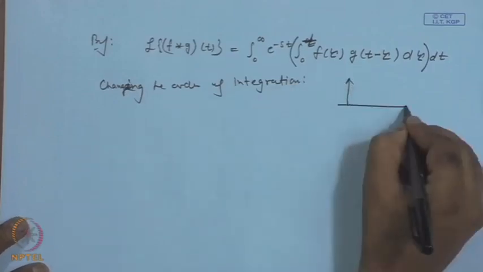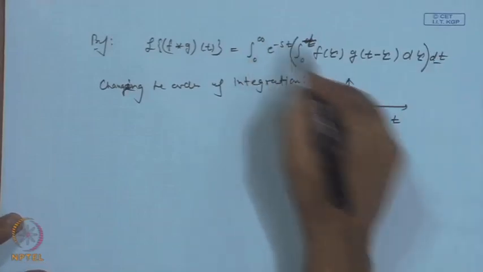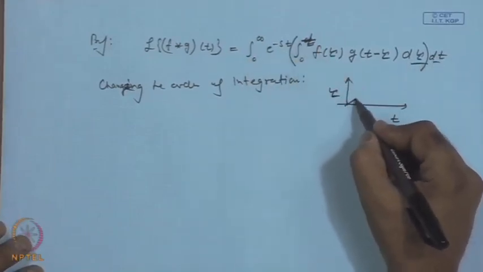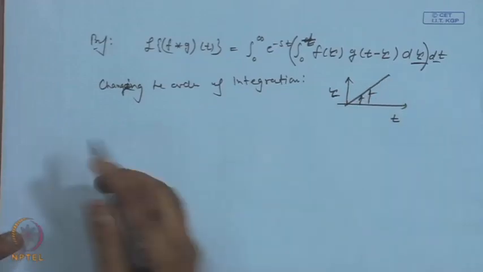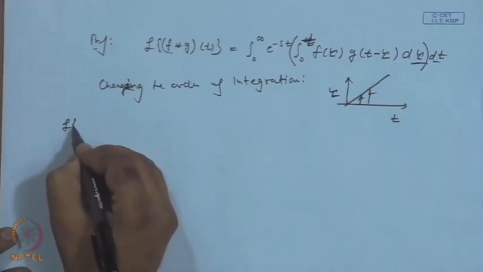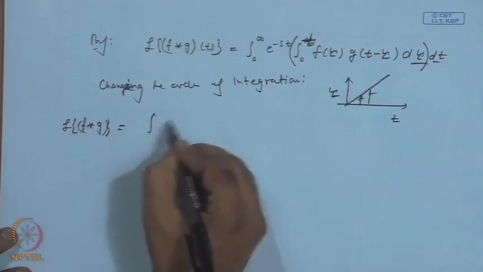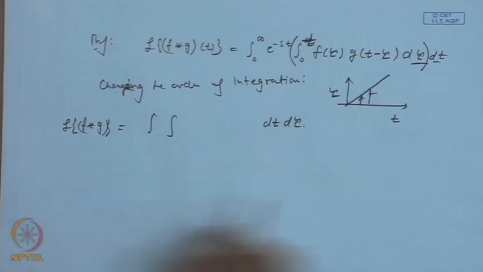So, we have this t and tau, the t is from 0 to infinity and this tau is from 0 to t. Now, if we change this order of integration, so we want to have first t and then tau.